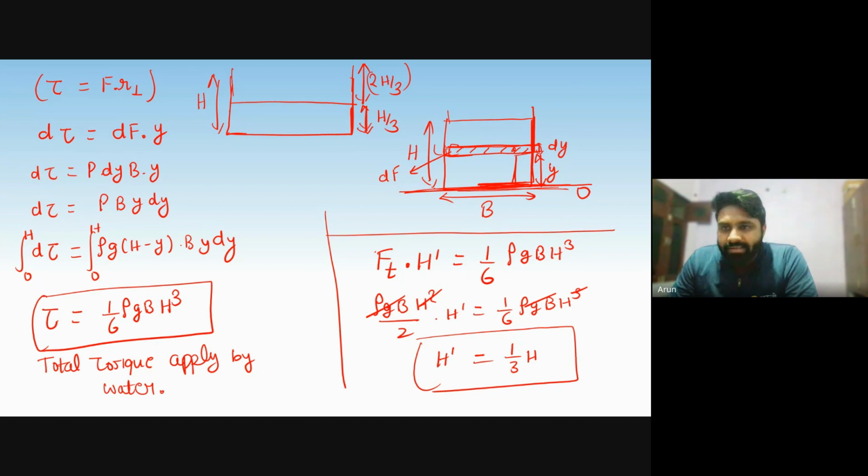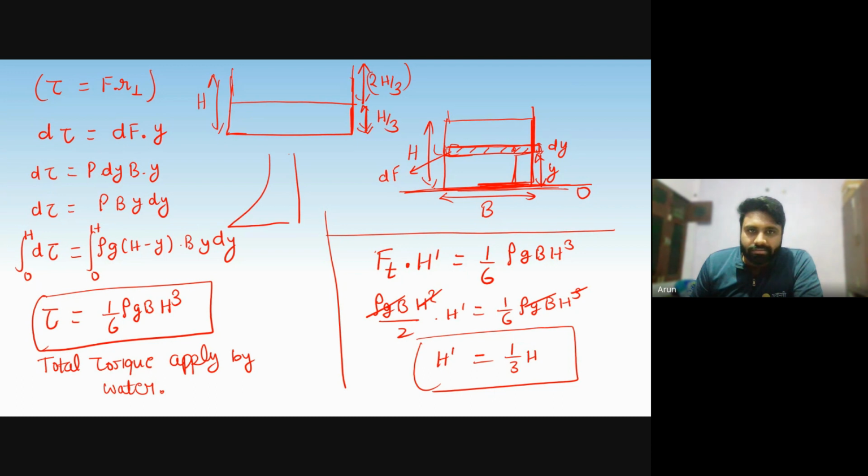And that is why, if you have ever observed a dam, the wall of the dam, you will see in the back side, they will be like this. Why is it so? Why have we maintained this? Or you will see it like this. As you move down in the dam, the thickness of the wall increases. Why is it so?